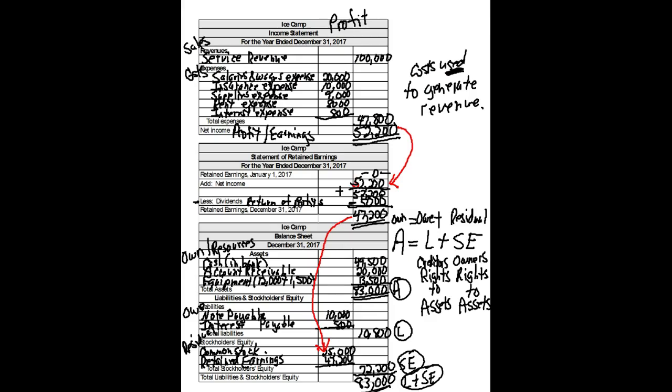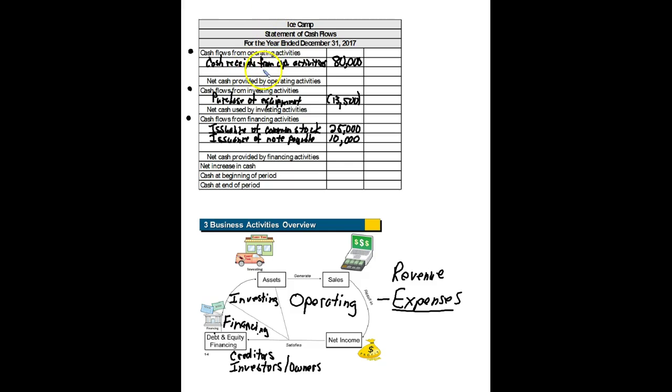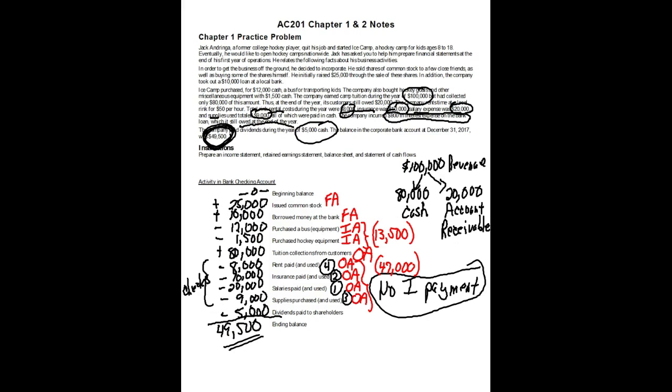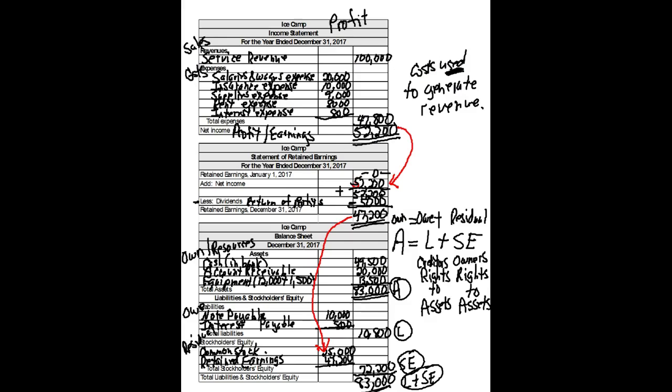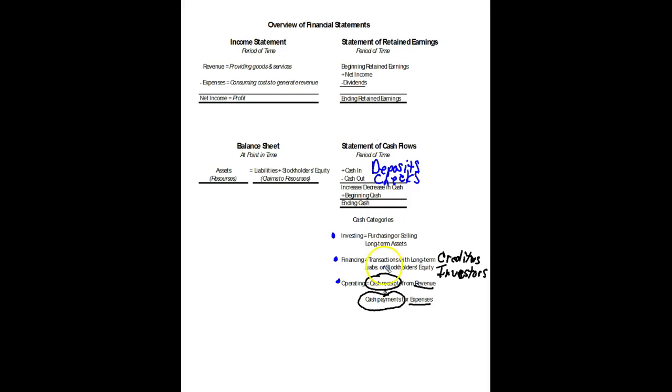So let's go over to our cash flow statement. And under operating activities, now you can see I have cash payments for operating activities, and I have the negative $47,000. There was one more cash flow, right? We had a check written for $5,000, dividends paid to shareholders. Let's review over here. Cash received or paid to creditors or investors is financing.